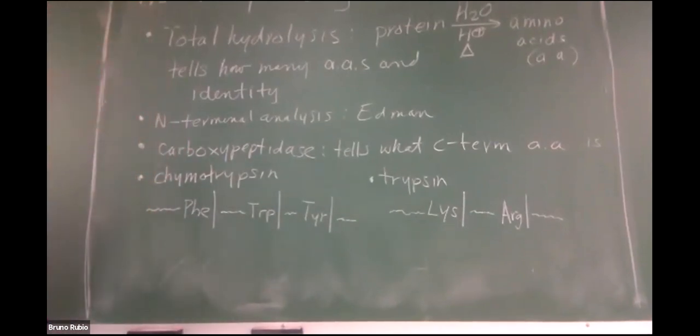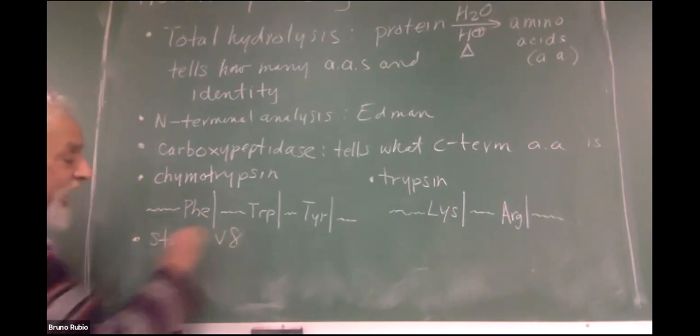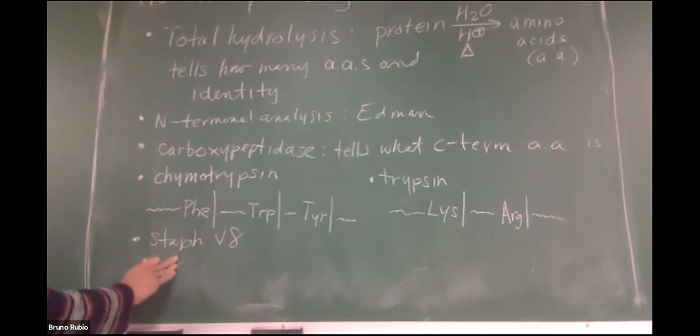Okay, and so now, fortunately, I think we're going to have room here. Now there are a couple more enzymes here that are important. There's something called staph V8. They isolated this enzyme from Staphylococcus bacteria. That's what the staph means.